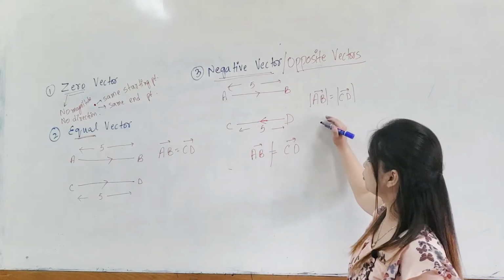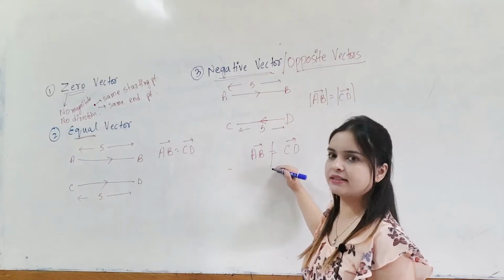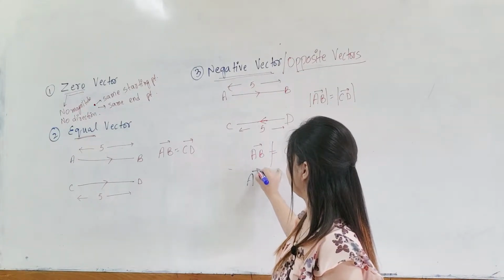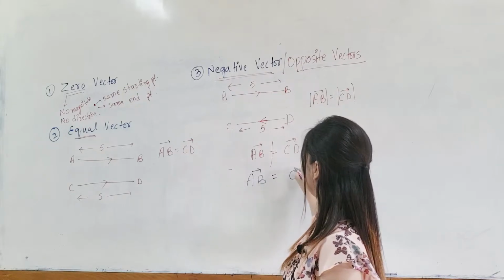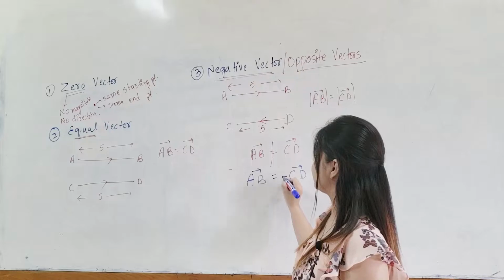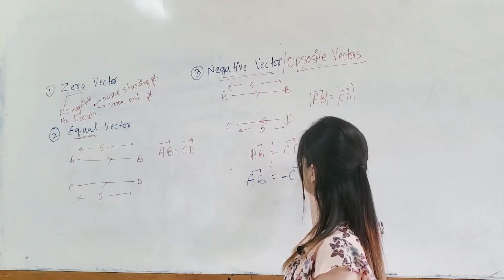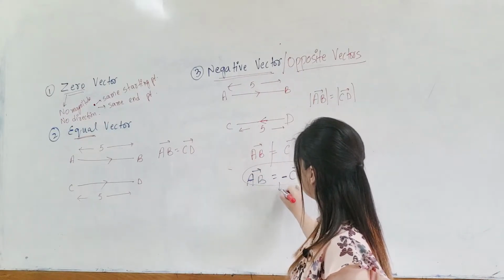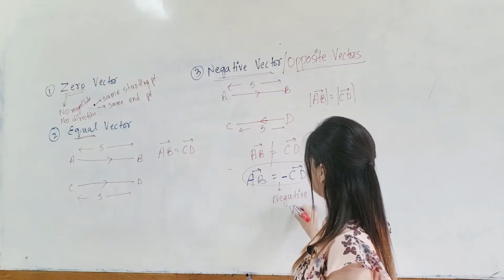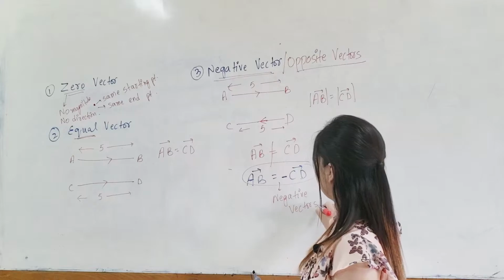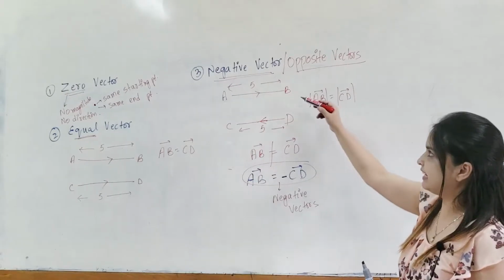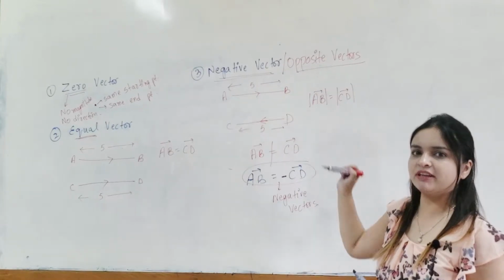Now, if I want to make both these vectors equal, I can write AB is equal to CD, but with a negative sign. Due to this reason, they are called negative vectors, because they are equal in magnitude.